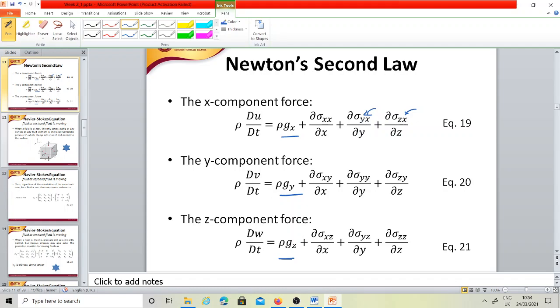In a similar way, contribution of y towards y, this is actually normal, this one is the shear, so we have the contribution of x towards y, contribution of z towards y. A similar way, the contribution of x towards z, contribution of y towards z, and contribution of z towards z. Z towards z should be also normal. So we have these three equations, okay.